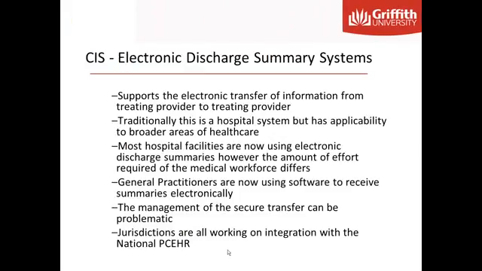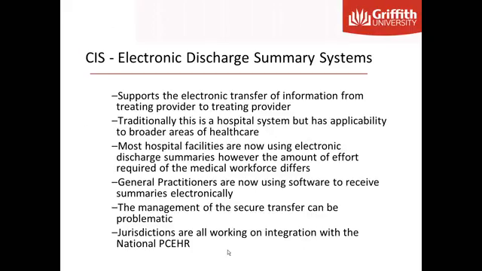Now let's look at another clinical information system, also known as the e-discharge summary system or electronic discharge summary system. This supports the electronic transfer of information from one provider to another.